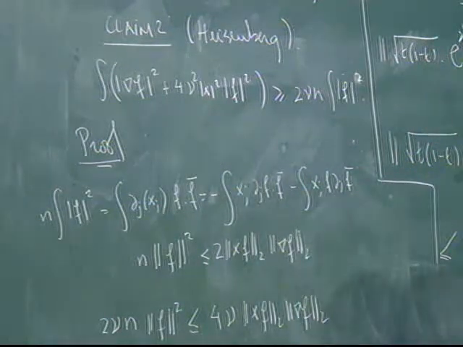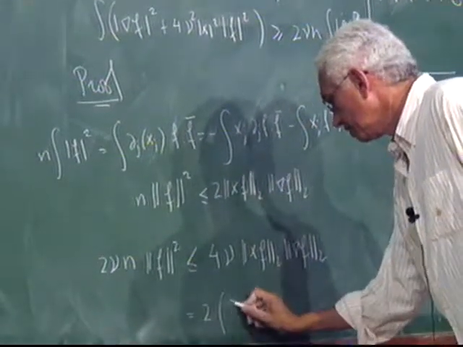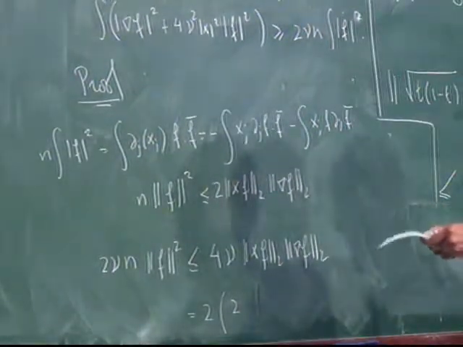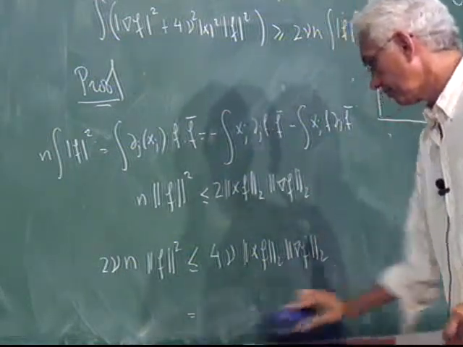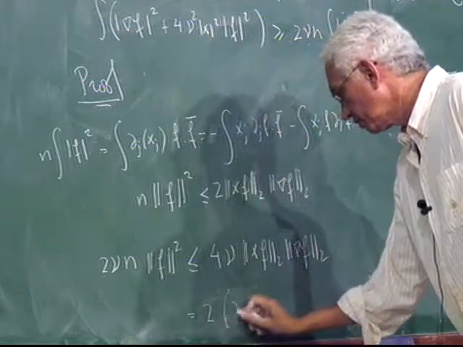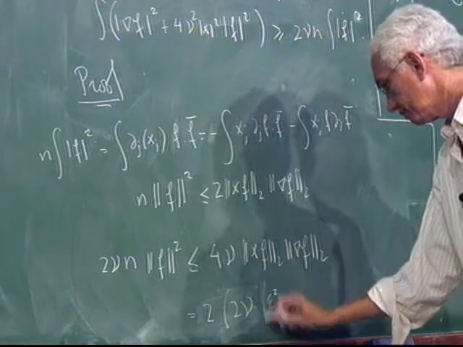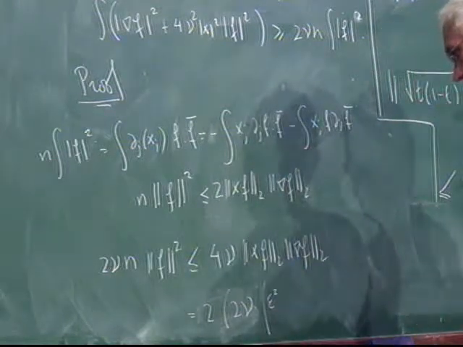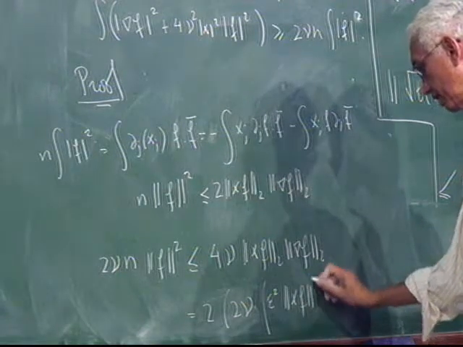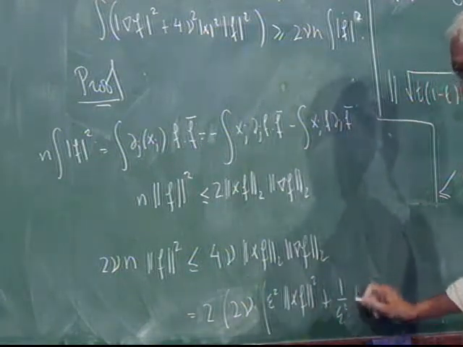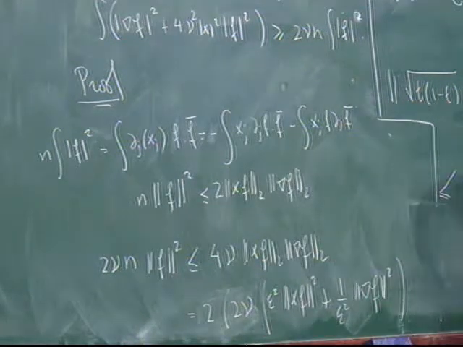If we want to have this, then we just say that this is equal to twice, 2 mu epsilon squared xf squared plus 1 over epsilon squared gradient of f squared, right?